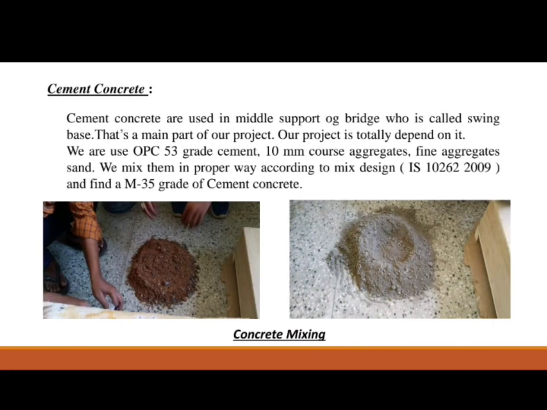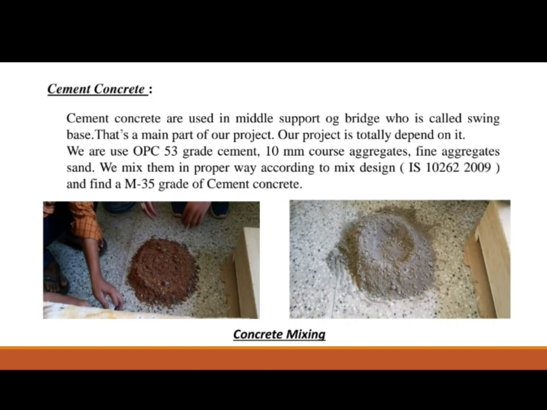Cement concrete is a major part of any concrete structure. Cement concrete is used for the middle support of the bridge, which is called the swing base. That is the main part of our project. Our project totally depends on it. We use OPC, ordinary Portland cement, 53 grade cement, coarse aggregate, and fine aggregate sand.